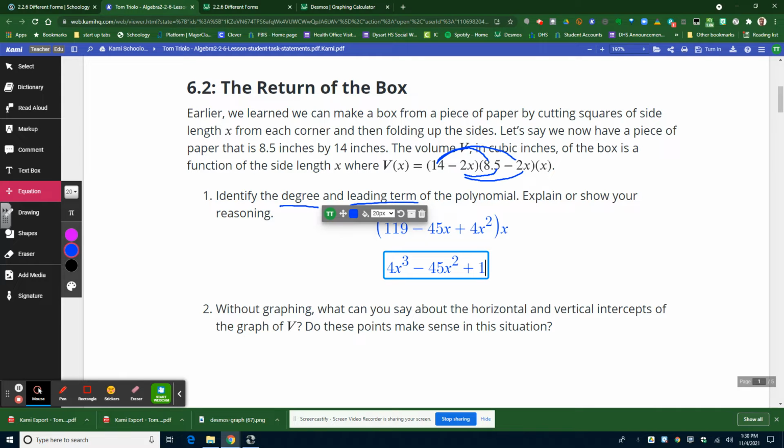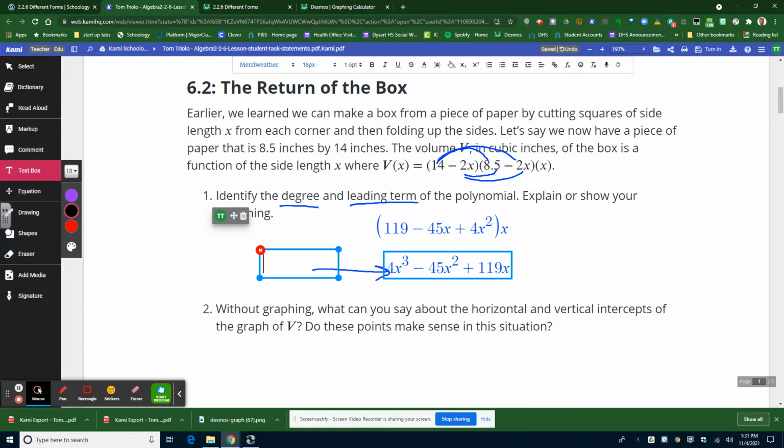And then 119 goes on the end. Okay. So leading term, I'm just going to put an arrow. Leading term.